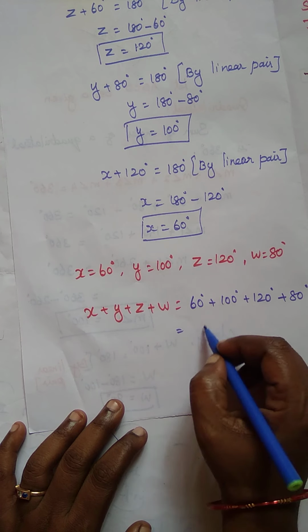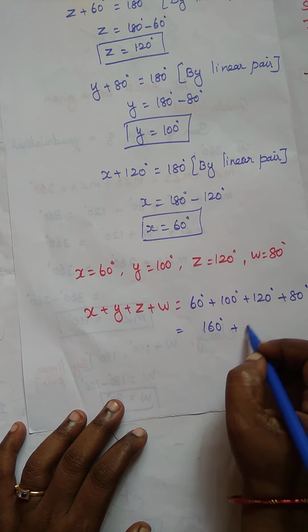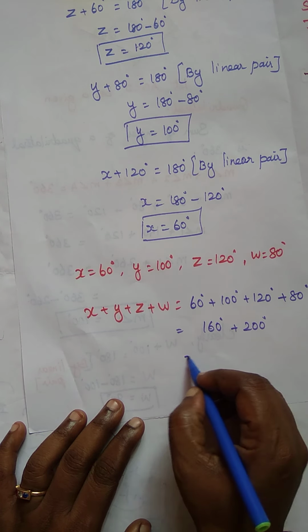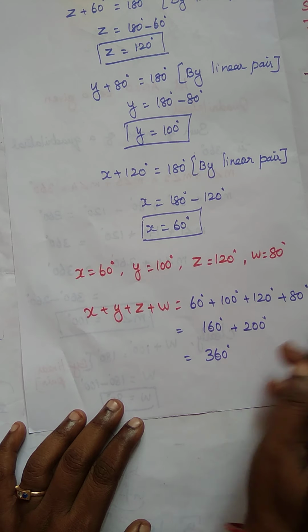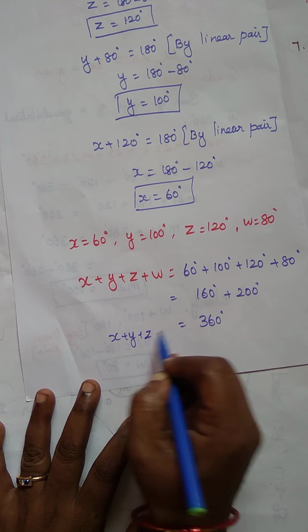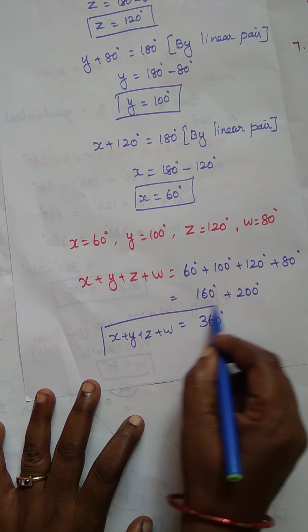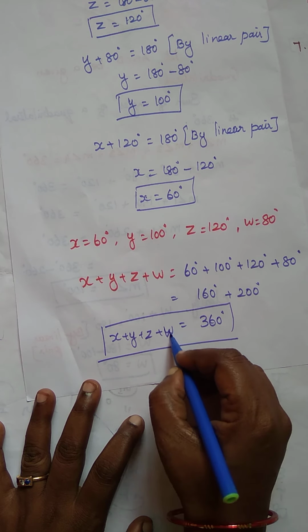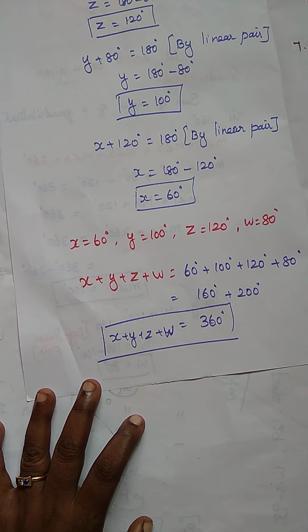Now we add this, 160 plus here 200. This is equal to 360 degree. Clear? So the sum of the angles of a quadrilateral is 360 degrees. So that we got this 360 degree.